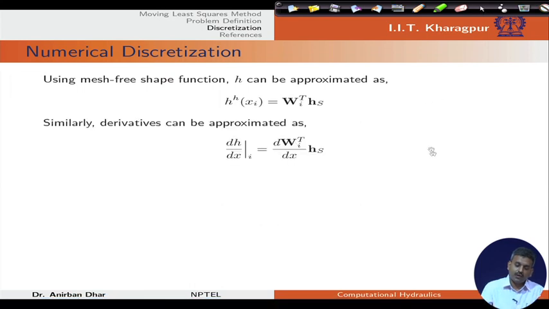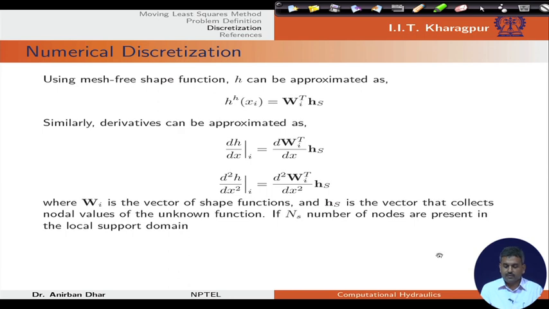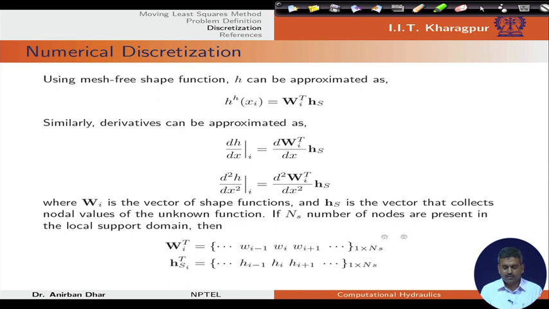Now, in this case derivative can be approximated like this. Derivative calculation we have already performed by introducing a new variable gamma. If we have ns number of nodes present in the local support domain, obviously we should include all points.